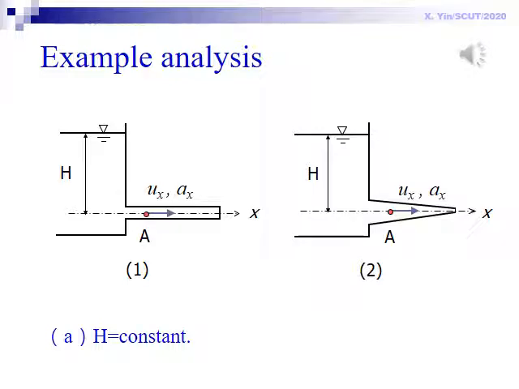Now we look at migrating acceleration or convective acceleration. In case 1, the tube has a constant diameter. The velocities, for example velocities on the center line of the tube, will not change. So migrating acceleration in case 1 is 0. Thus the resultant acceleration is also 0.